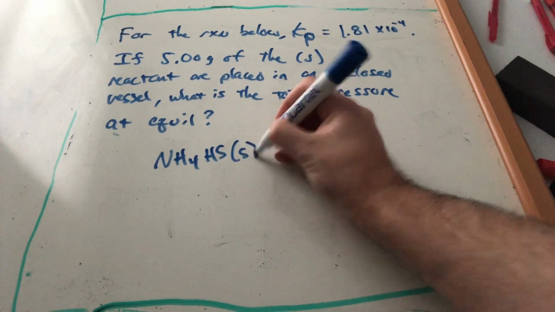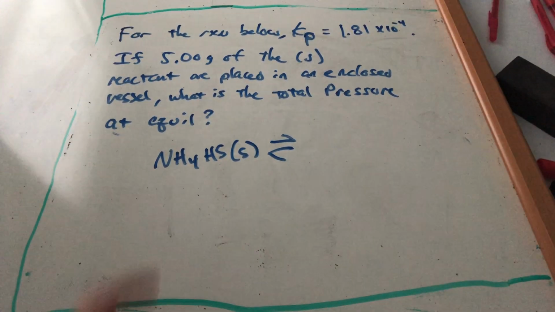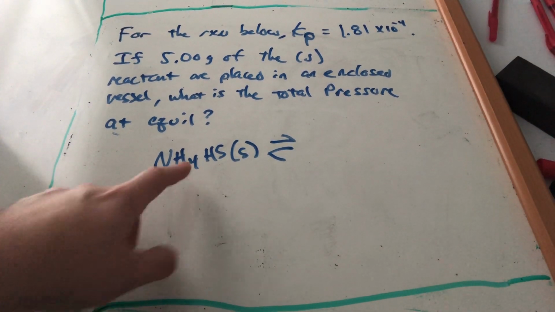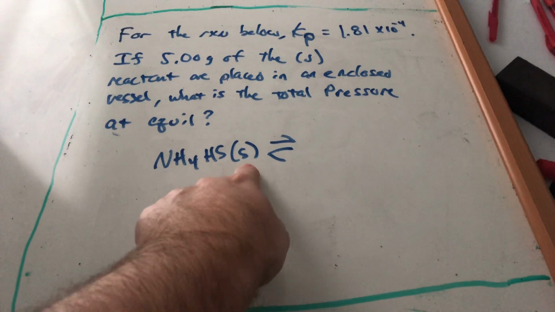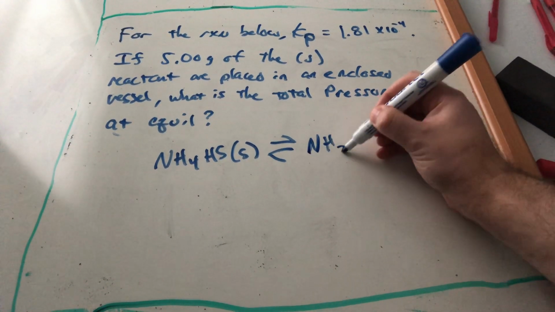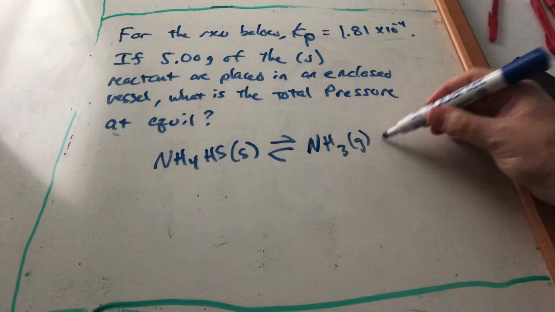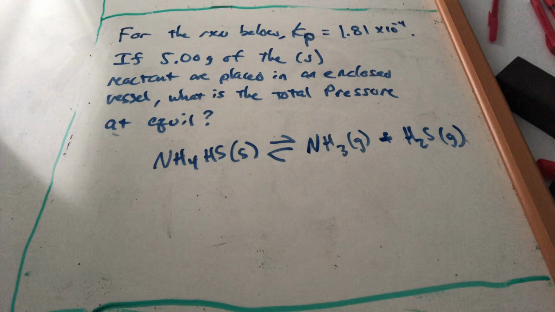NH4HS solid is in equilibrium. And I know that's written weird. They're kind of showing you that it's a polyatomic ion attached to a polyatomic ion, but it's a solid species, okay? It's breaking down into NH3 gas and H2S gas, okay?